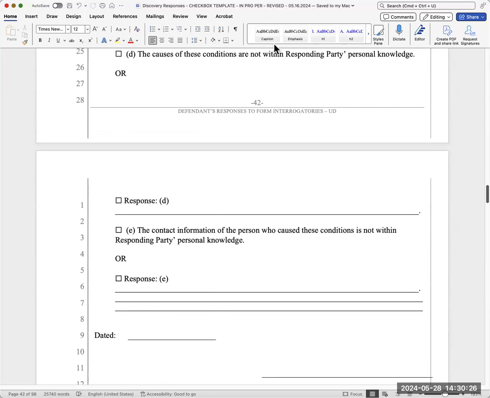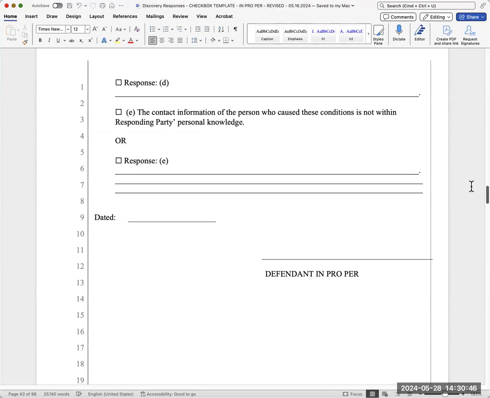And this is about whether you were aware of the causes of the conditions and aware of the people who caused those conditions. If the information is not within your knowledge, you check here. Otherwise, you check here and write out your explanation.